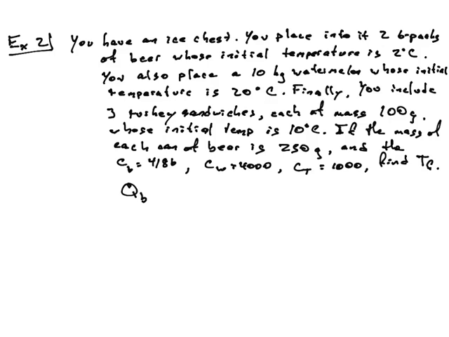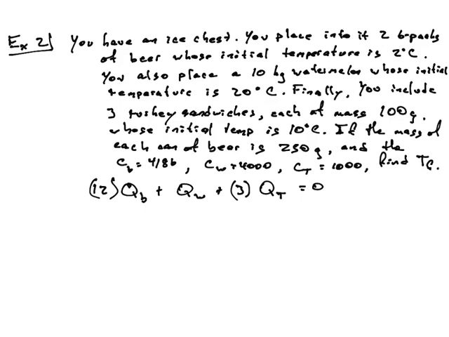How many beers are there? 2 6-packs, so I'm going to have 12 of those. 12 times Q for a beer. Then I'm going to have Q for the watermelon. And then I have the turkey sandwiches. There are 3 of them, so I'm going to have 3 Qs for the turkey sandwich. So that's everything in my system. The beers, the watermelon, the turkey, everything's there. Set it equal to 0.